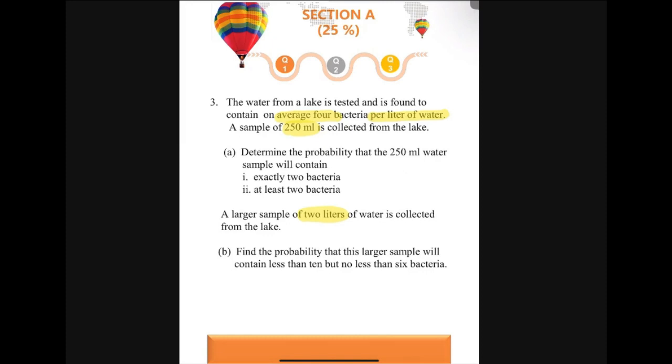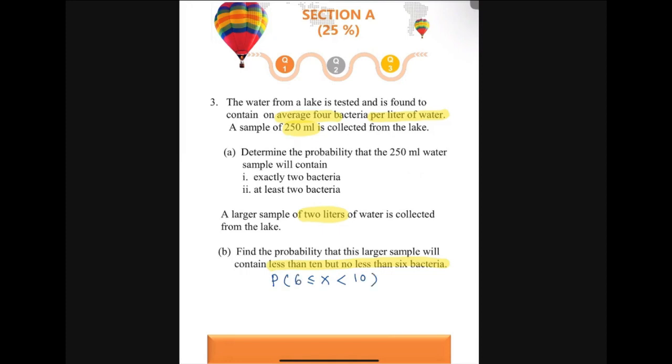Okay, you have to translate the question correctly. Less than 10 but no less than 6. Okay, so this is actually in between of less than 10. So 10 is not included, but not less than 6 means 6 would be our minimum number.